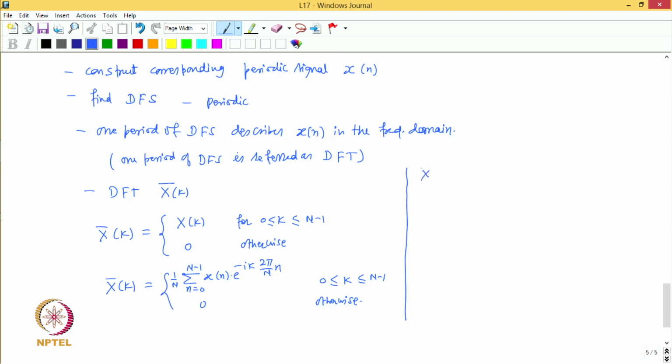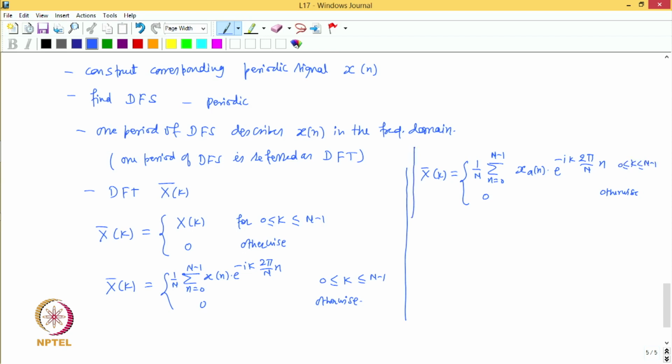So therefore we can also write this expression as x bar k is equal to 1 by n, summation n is equal to 0 to n minus 1, x a n e to the power minus i k 2 pi by n n, and this is equal to 0 otherwise. This of course is true for n minus 1 to 0.